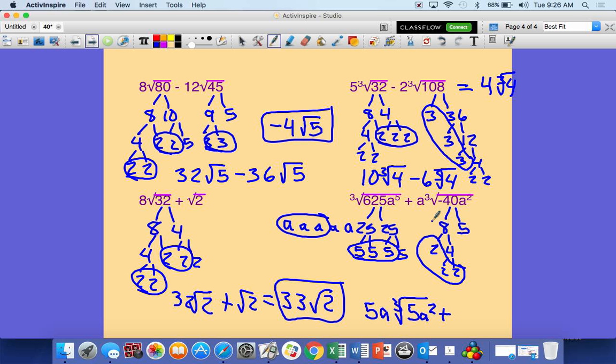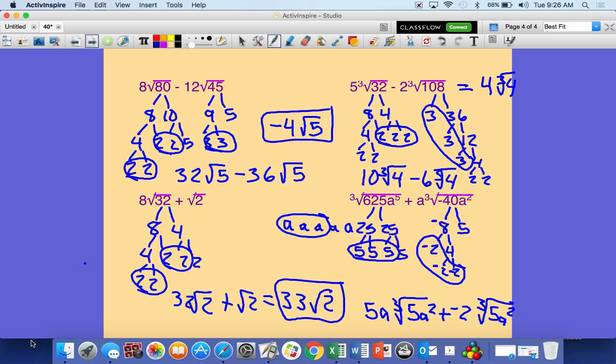Couldn't we also say that negative 8 times 5 is negative 40? And then couldn't we say that all of these are also negative? Negative 2 times negative 2 times negative 2 does give us negative 8. So we can pull out a negative 2 here for this problem. The 5 is by itself, so it goes back underneath. And then we've only got 2 As here, so they're also going to go back underneath.